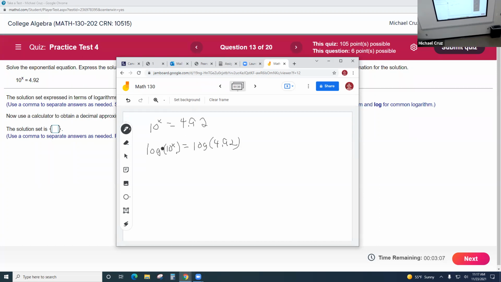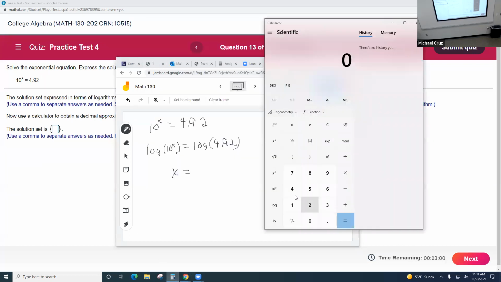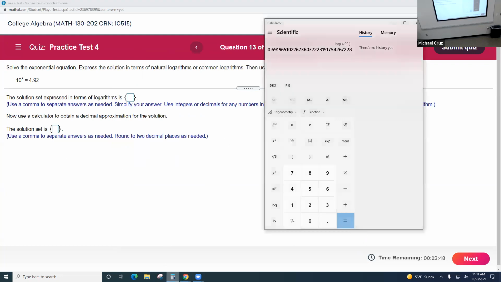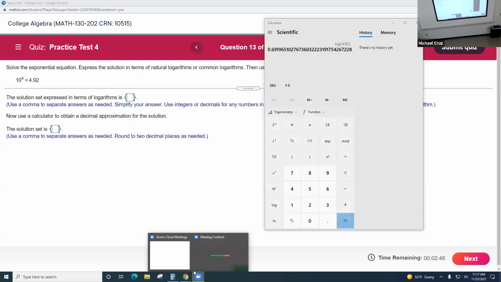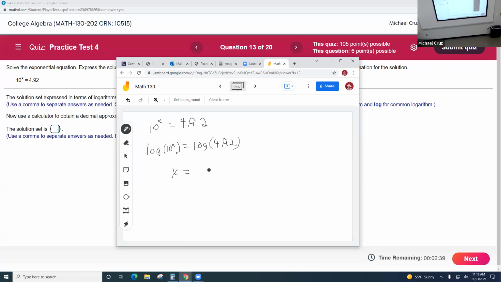All right, so this right here is just going to give us x is equal to whatever that is, that's log of 4.92, which is 0.69, and how many do they want? 2 decimal places. So watch that, because it went from 4 on one of them to 2 on this one. So always pay attention to that, 2 decimal places.